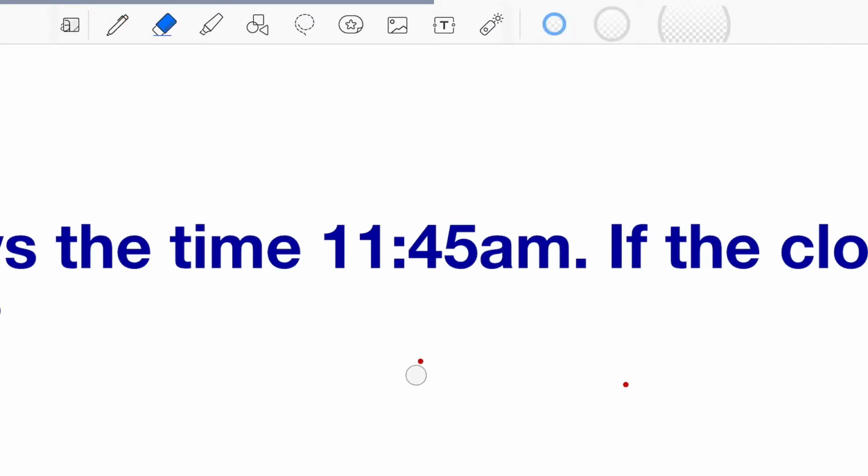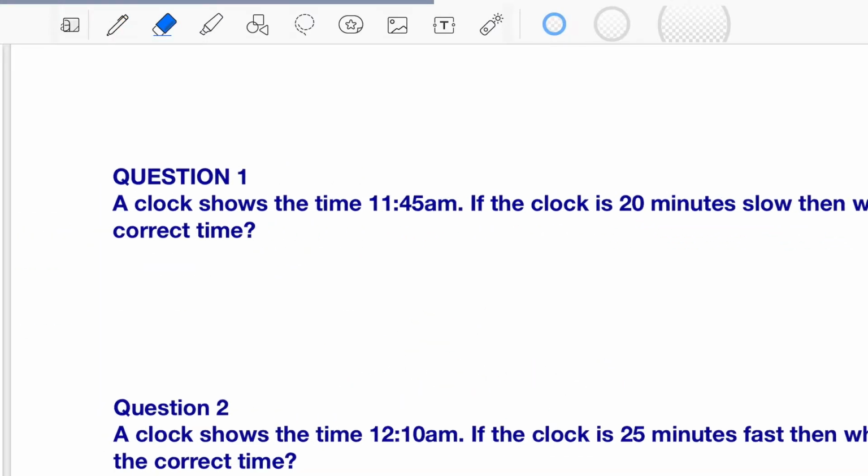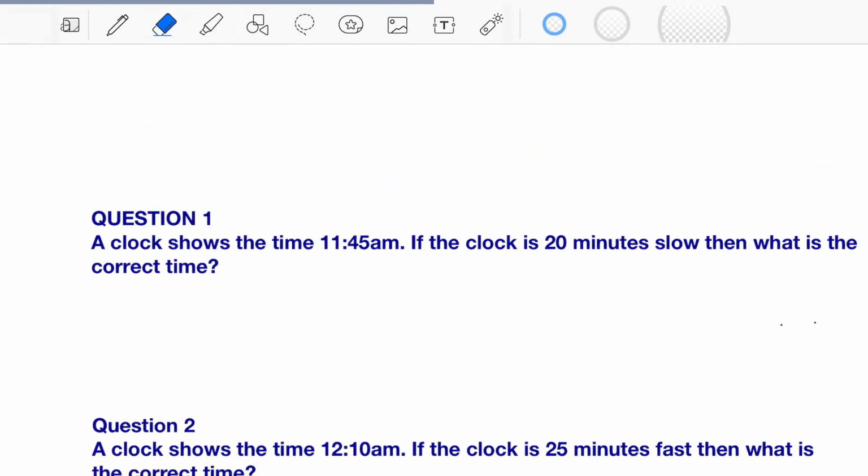So let's look at another question. Question 2. A clock shows the time 12:10 a.m. So that's around midnight. That's not in the middle of the day or midday. If the clock is 25 minutes fast, so when we hear that word fast, we must subtract to get the correct time. Then what is the correct time?